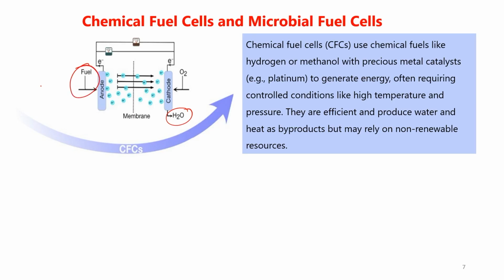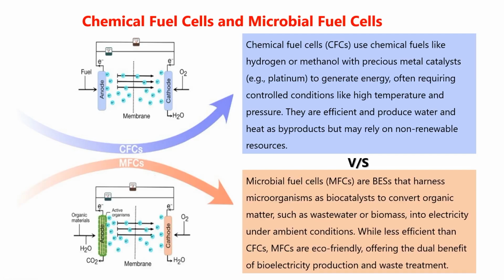So, the energy fuel that is coming into this system is actually maybe from non-renewable sources. In the case of microbial fuel cells, you can see a similar design with an anode and a cathode, where water is produced, and then there is a membrane which separates the anodic and the cathodic chamber, and there is a transport of the ions or electrons from one chamber to the other.